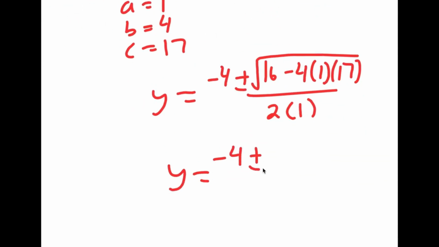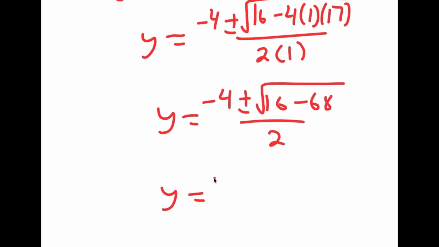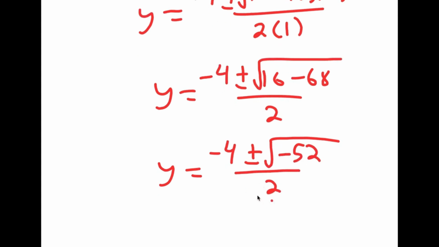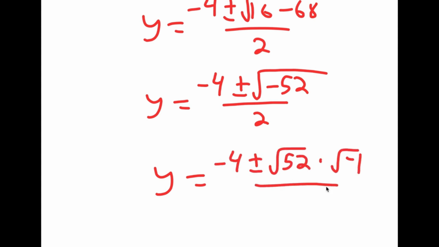This is equal to negative 4 plus or minus the square root of 16 minus 68 over 2, which is equal to negative 4 plus or minus the square root of negative 52 over 2. And this is equal to negative 4 plus or minus the square root of 52 times the square root of negative 1 over 2.